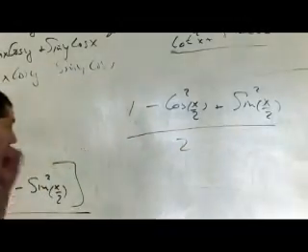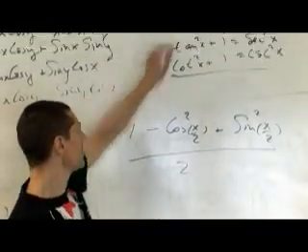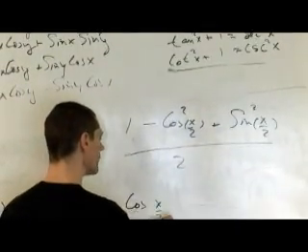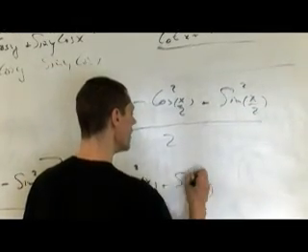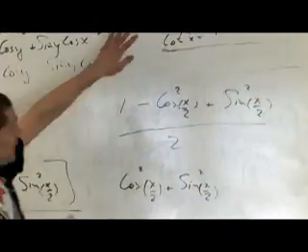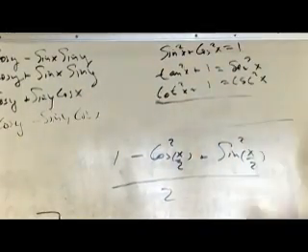And now what am I going to do? I got 1. That means I can do this. This 1 is the same as cosine x over 2 squared plus sine x over 2 squared. And right now there's somebody going, wait a second, no, it's sine squared x plus cosine squared x equals 1.